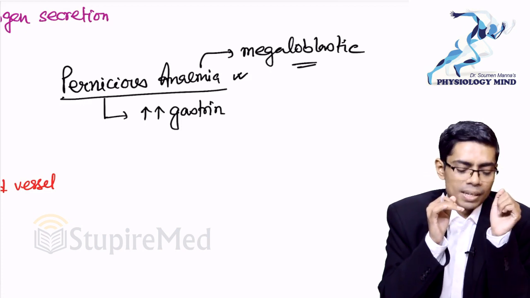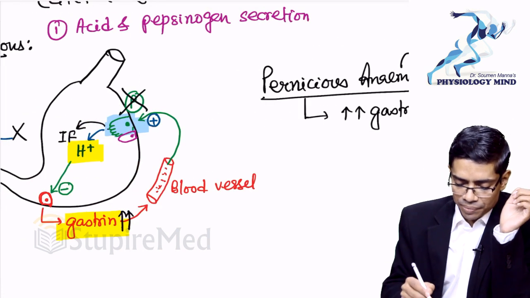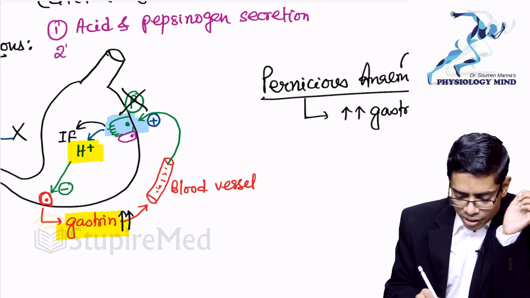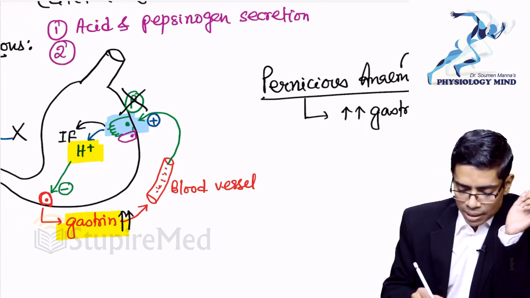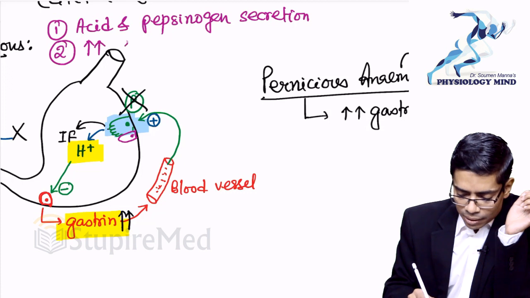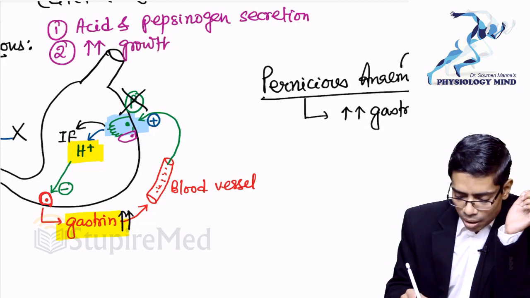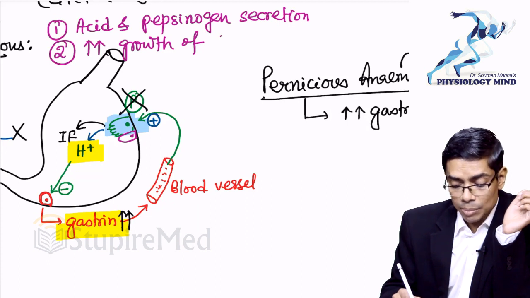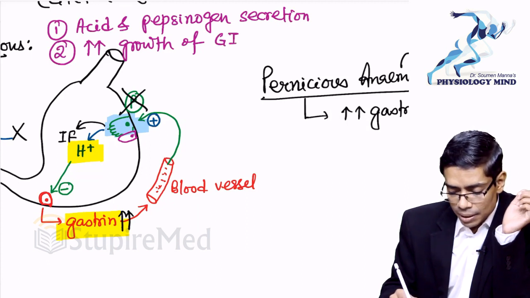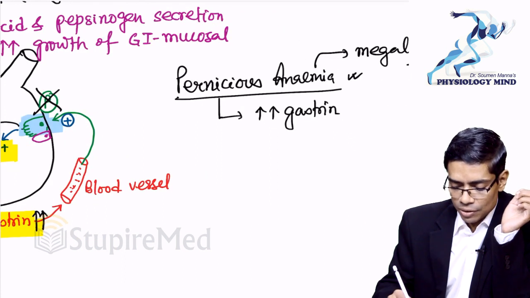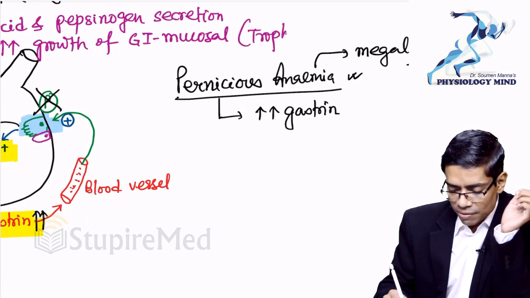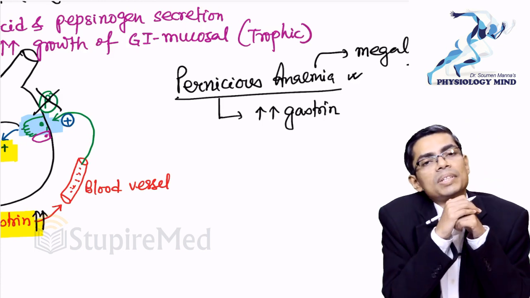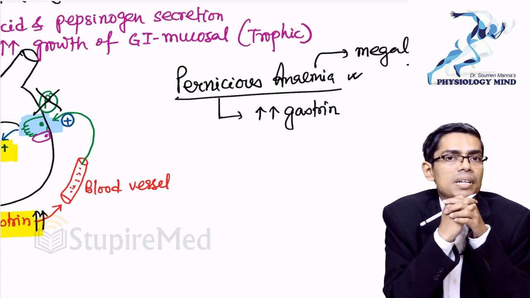What is the second function of gastrin? Write down: the second function of gastrin is that it increases the growth of GI mucosa, stomach and intestinal mucosa. This kind of effect is known as trophic effect, right?